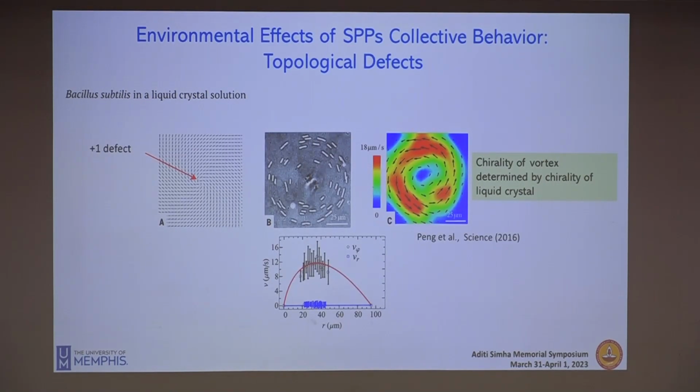Another example of an environmental effect is topological defects in the medium that is embedding the bacteria, in this case. The medium here is mainly water, but with a good amount of liquid crystal, and the liquid crystal solution has some nematic order or smectic order that is induced by the two substrates confining the solution.